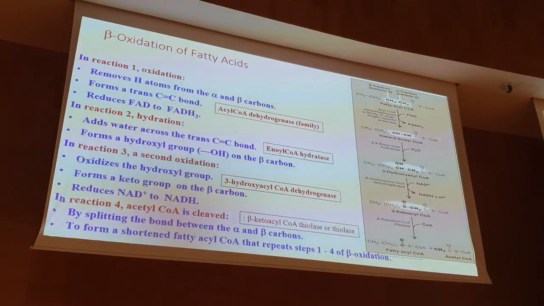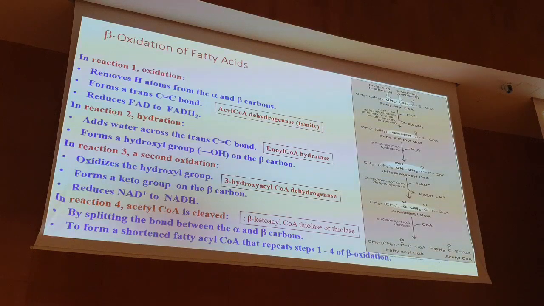But this is what is important about those enzymes. I want you to look at the first enzyme. Can you see acyl-CoA dehydrogenase family? Can you see the word family? Yes. Well, what do I mean by family?